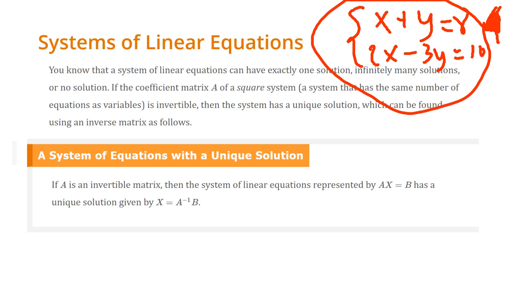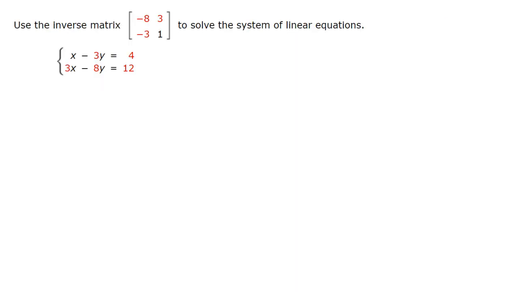Okay, so if we want to use an inverse, then this right here is your formula. In order to solve a system, you're going to have to take the inverse and multiply it times b. So what do x and b represent here? A inverse, of course, is your inverse. B is your constant matrix, and x is your variable matrix. And I think I might have an example over here. Let's go to the next slide.